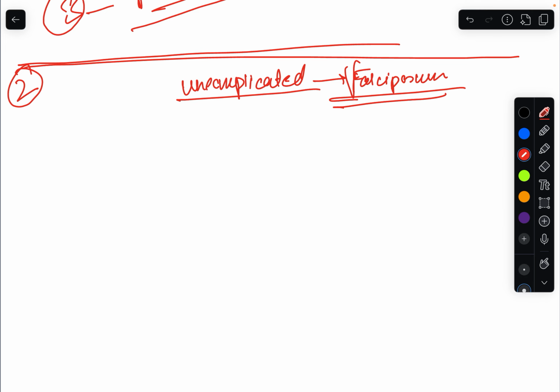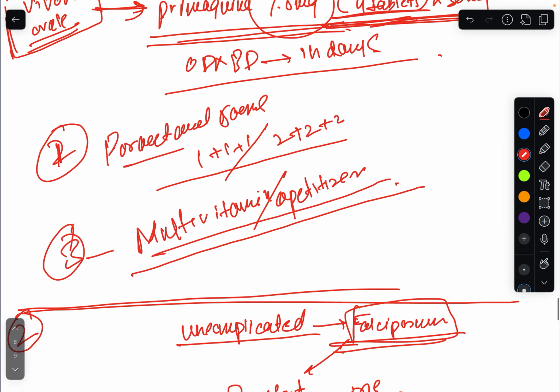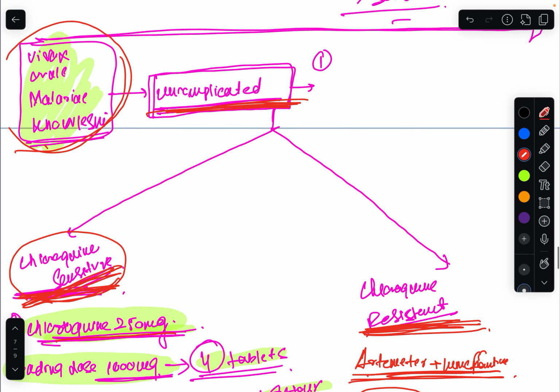And we know that falciparum is resistant to chloroquine. Falciparum is resistant to chloroquine. So we will not follow this pathway. This pathway will not be followed if the uncomplicated malaria is due to falciparum.